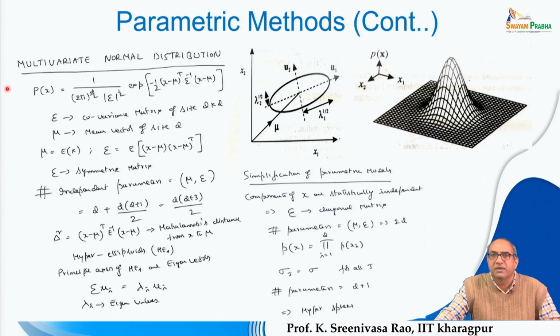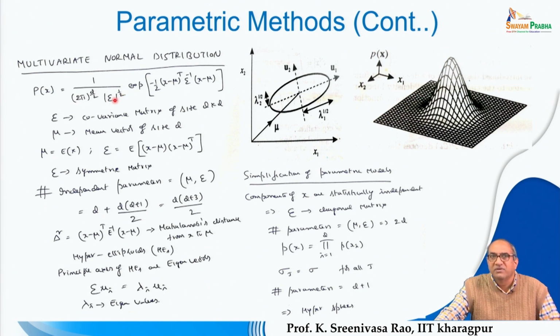But the practical problems we mostly come across are the multidimensional case. In case of multidimensional data, the normal distribution is known as a multivariate normal distribution. In case of multivariate normal distribution, the probability density of a feature vector can be estimated as P of x equals 1 by (2 pi) whole power d by 2, and then the sigma whole power half.